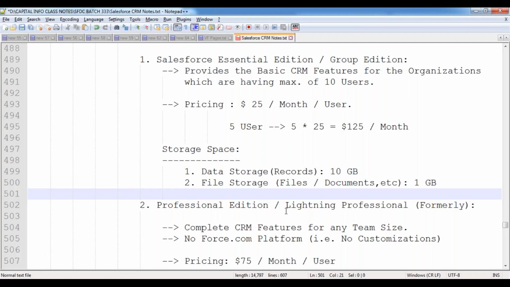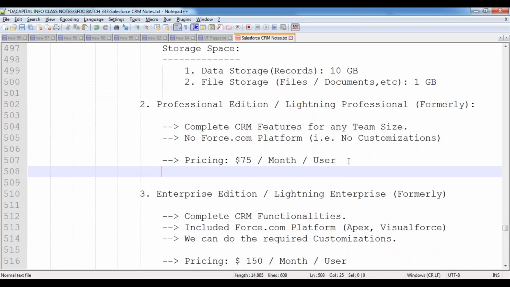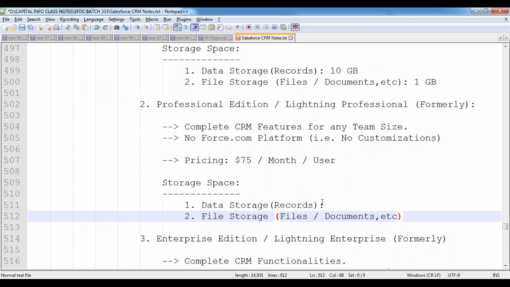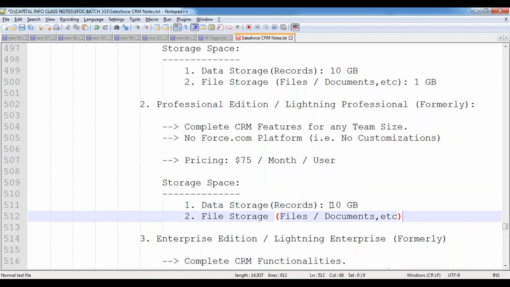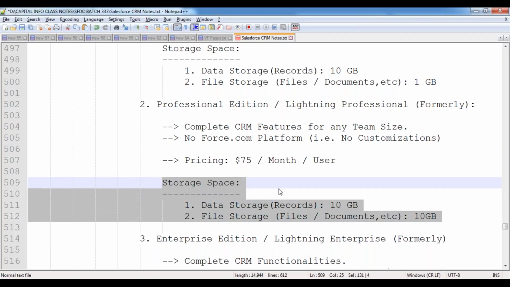Now, the next one, Professional edition. For this edition, data storage will be 10 GB and file storage will be 10 GB of space allocated by Salesforce.